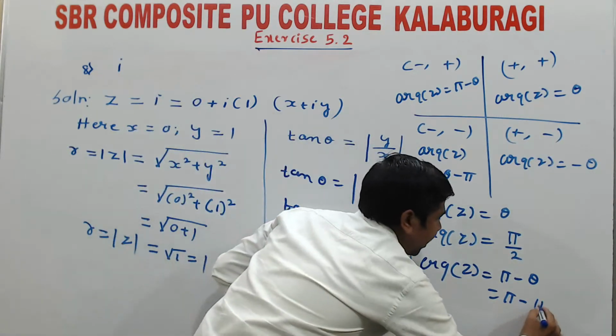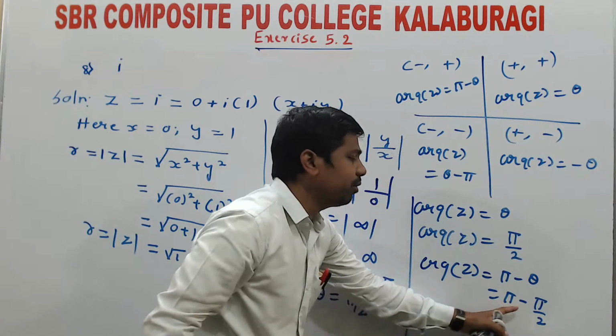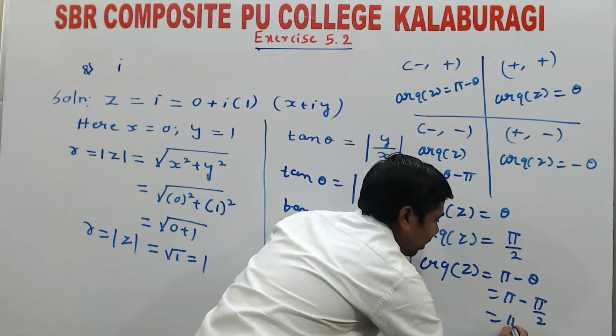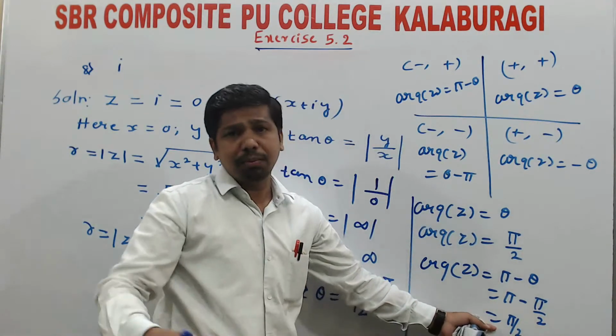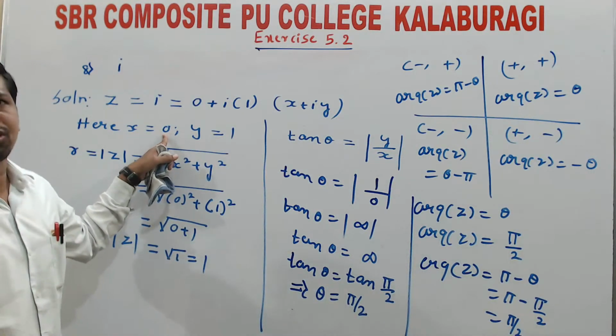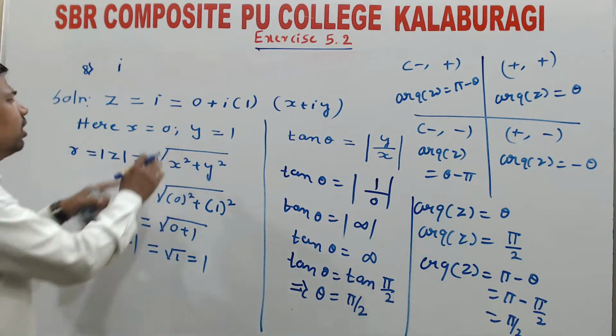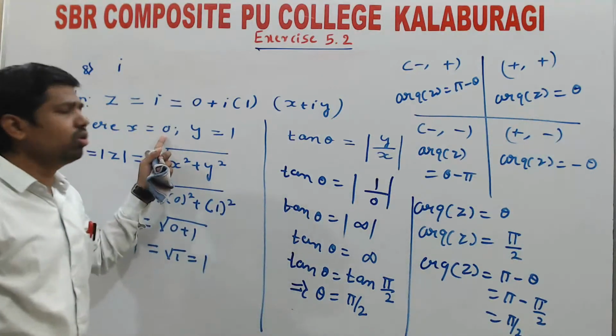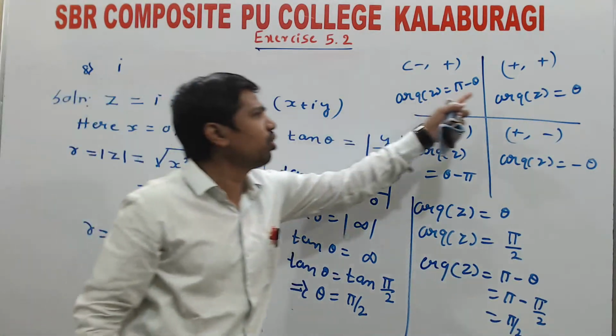Pi by 2. What is pi minus pi by 2? 180 minus 90, again it is 90 only. So pi by 2 only I am getting. So you can take positive or negative because 0 is neither positive nor negative. But preferably we'll take x as positive and y also positive, that is in the first quadrant.